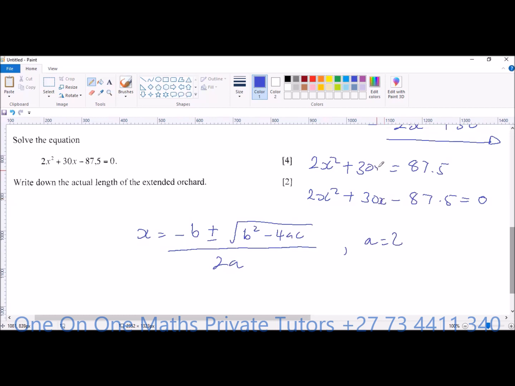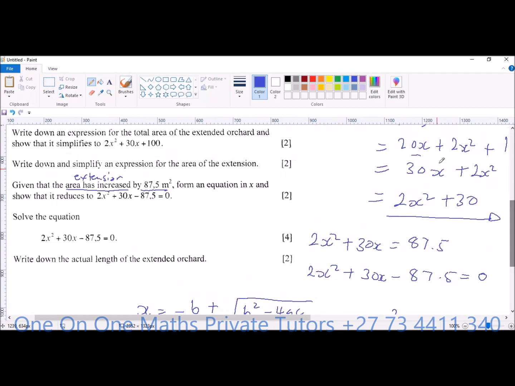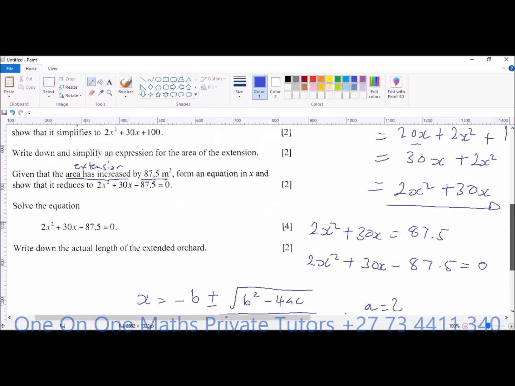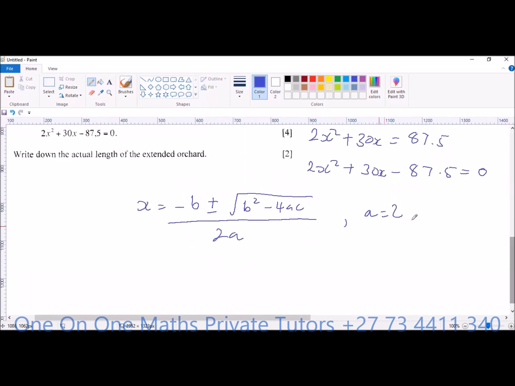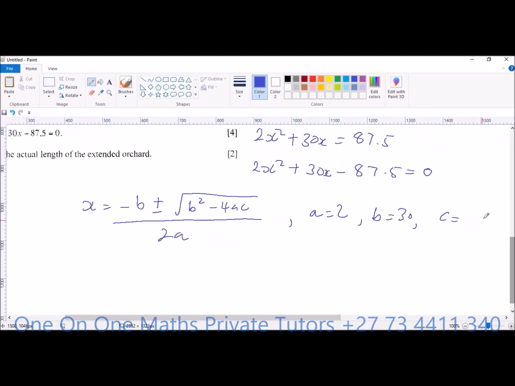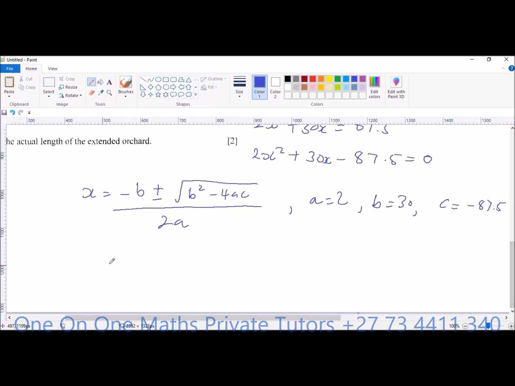Why am I leaving x here? All right, sorry for that. x here, such mistakes. All right, so a is equal to 2, b is equal to 30, and c is equal to minus 87.5.